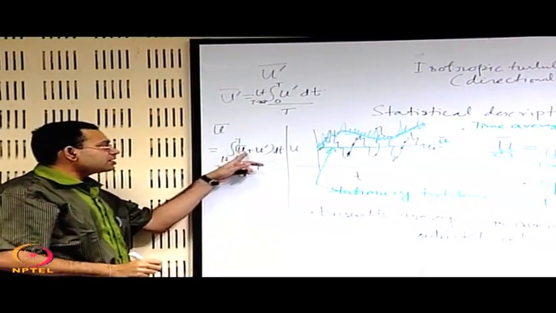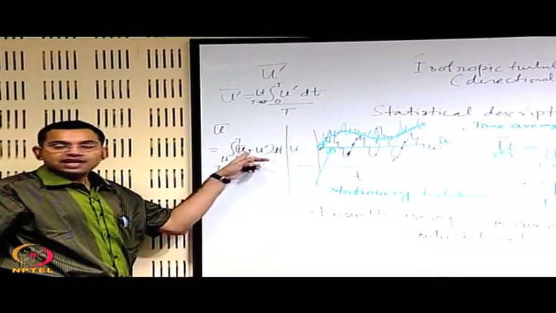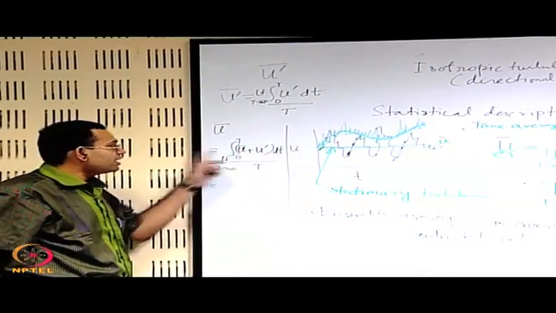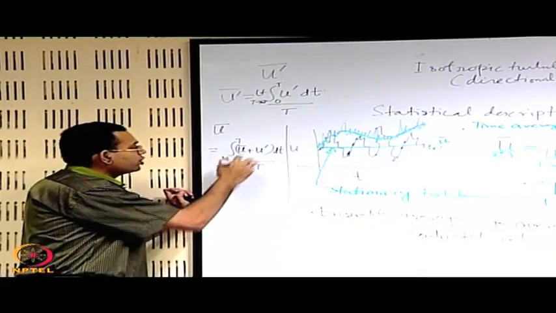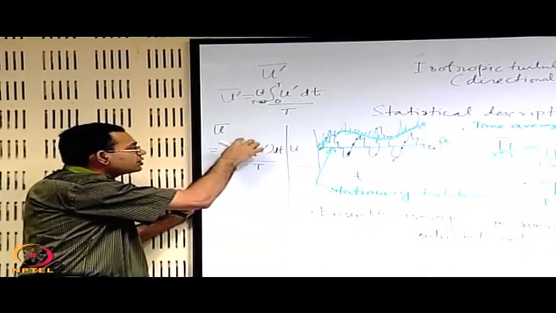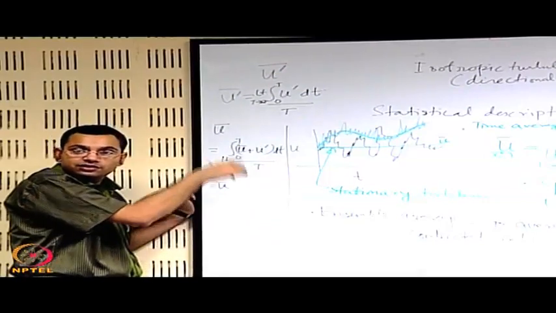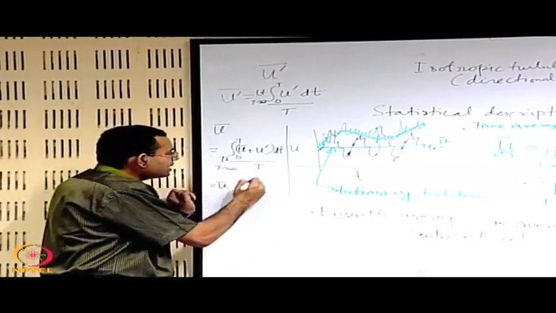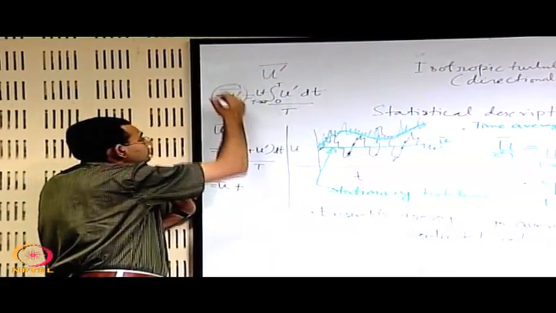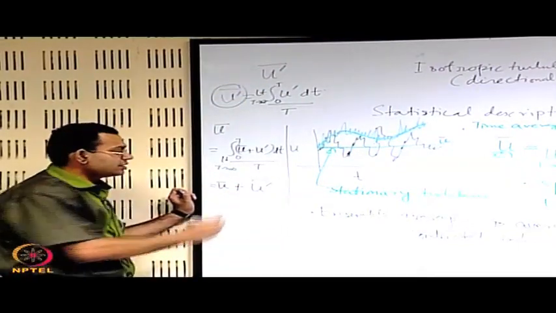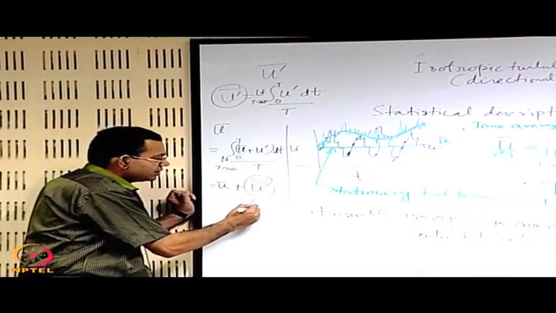So the first term, u bar, is like an average which is not varying with time. So the first term becomes u bar times the integral of dt from 0 to capital T, divided by capital T. So u bar into T by T, that gets cancelled out. So plus this one, that means the average of the fluctuation must be 0.